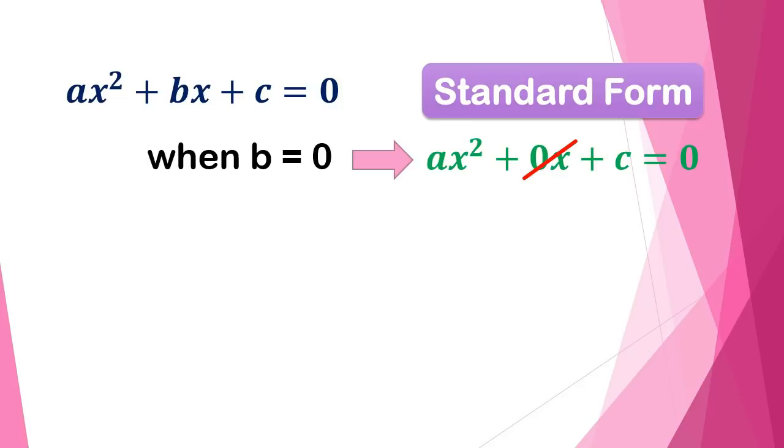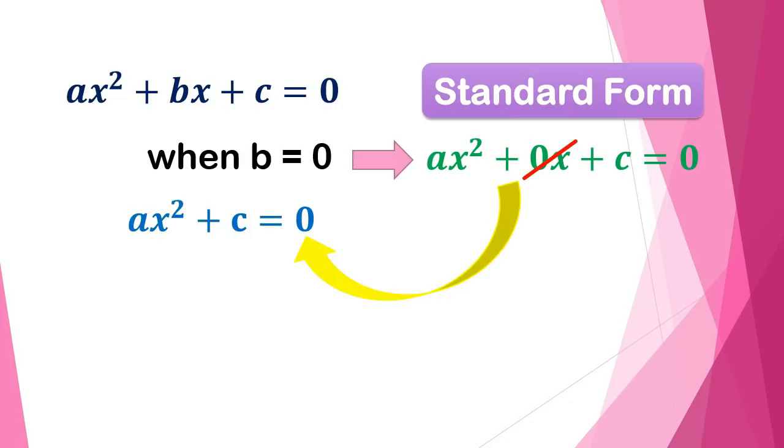So automatically, when we cancel it out, it will become ax squared plus c equals 0. This is another way of a standard form. Yun nga lang, the value for b here is equal to 0.